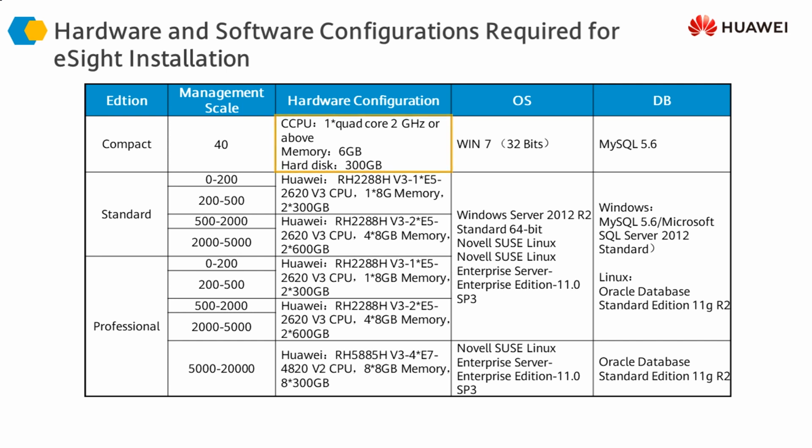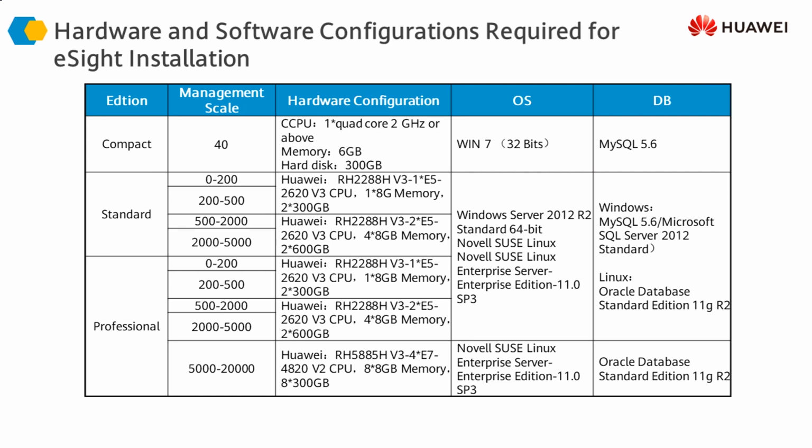And then this slide also provides us with information related to the hardware and software compatibility, which means which type of hardware or which edition would require what operating system to run, on which we can install the eSite NMS. And then the database as well, because every NMS requires a database.